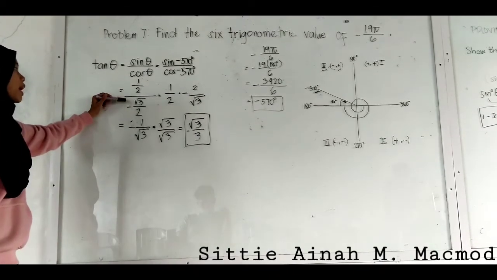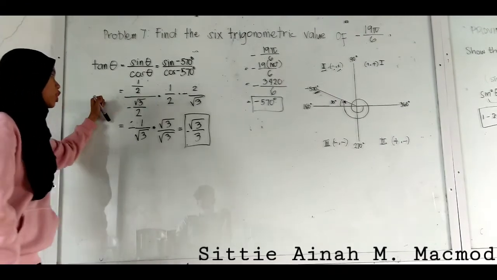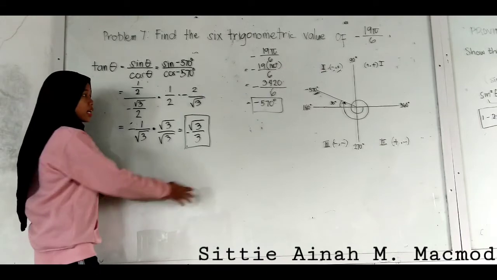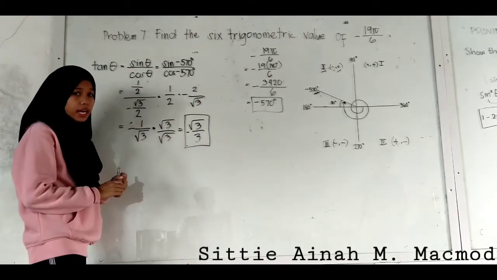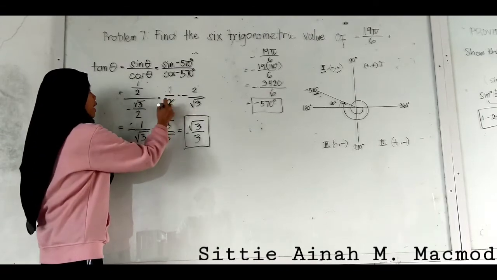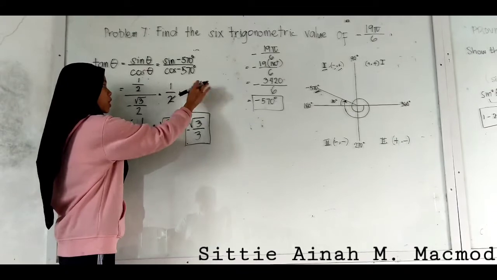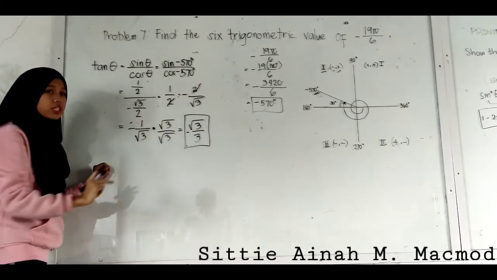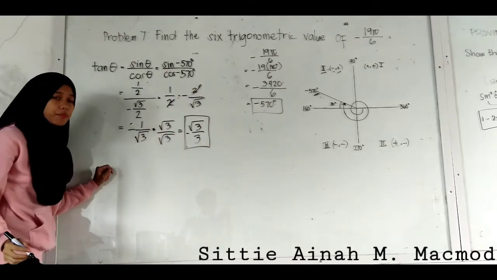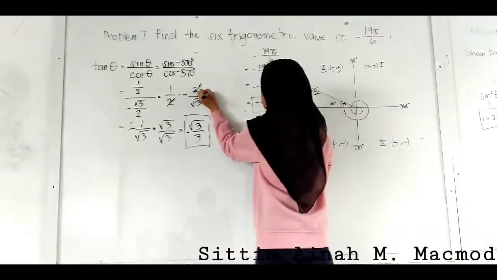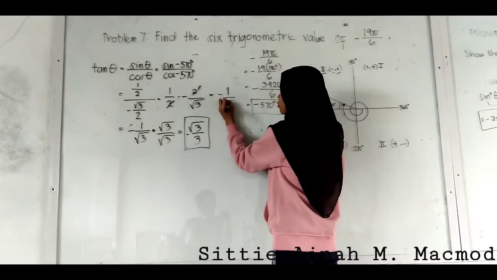So, we need to take the reciprocal because there is a fraction in the denominator. So, we can cancel the 2, because in multiplication, if the numerator of one and the denominator of the other are the same number, we can cancel them, which is equal to negative 1 over square root of 3.